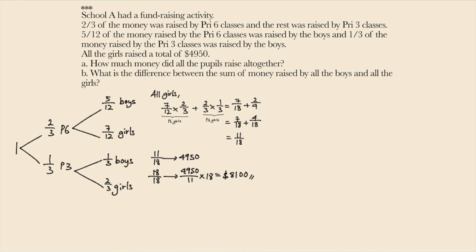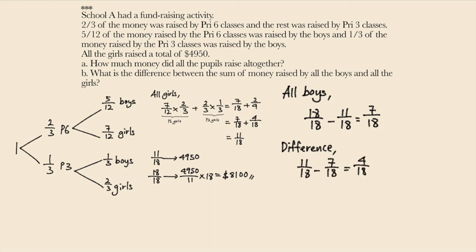Part B: what is the difference between that raised by boys and all the girls? All the boys must be 7 of 18, as I've just mentioned. So the difference between boys, 7 units, and girls, 11 units, is 4 units. That means 4/18 of the total sum would give us the difference in terms of money.